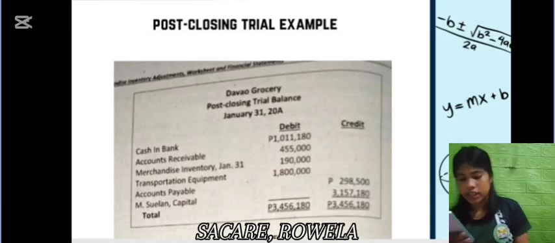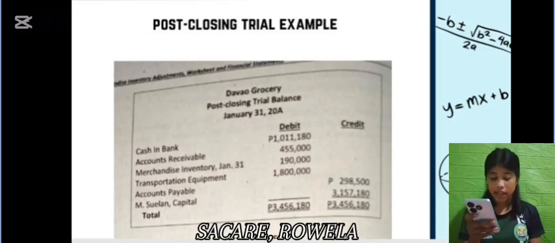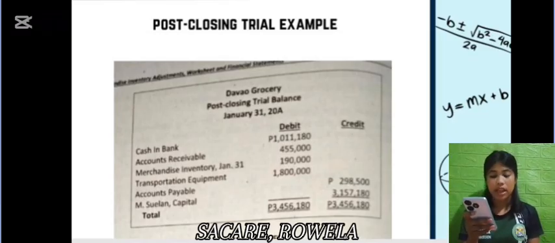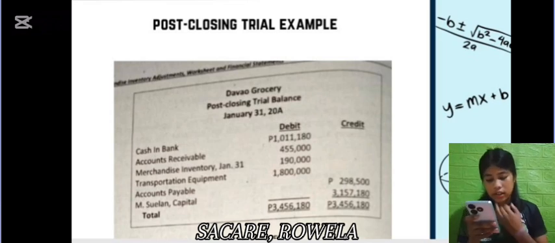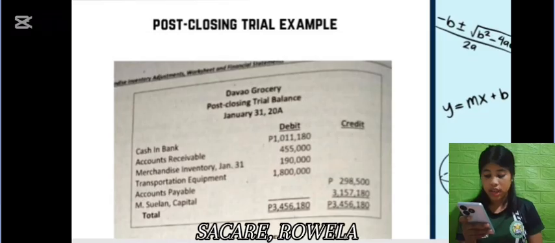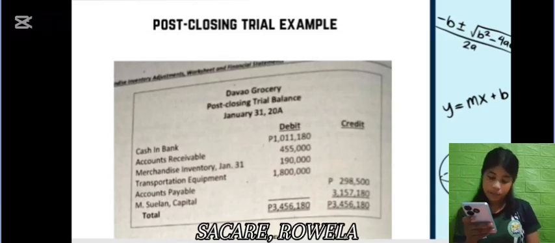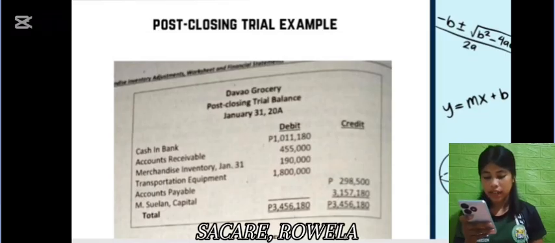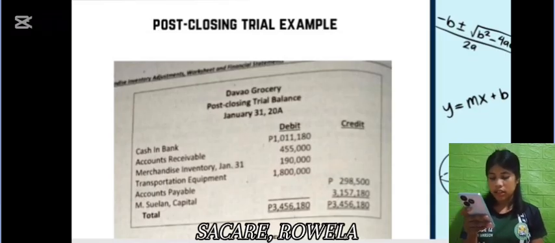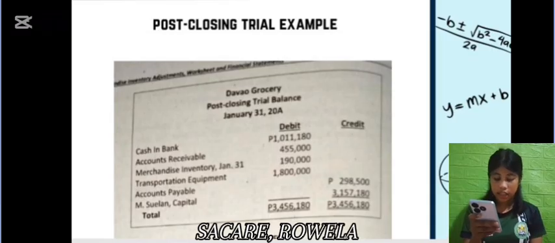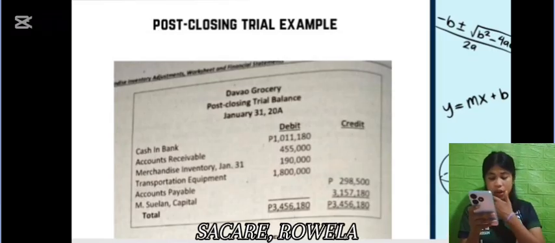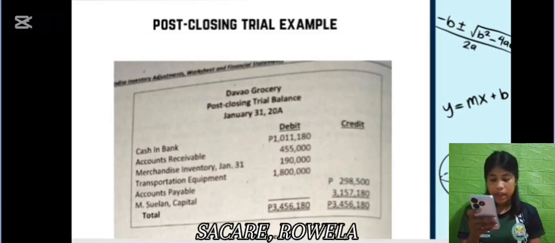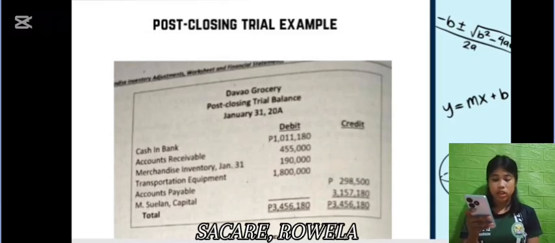Then sa credit side, ang account payable is 298,500, and sa Swellan Capital is 3,173,680. This represents the liabilities and owner's equity of the business.